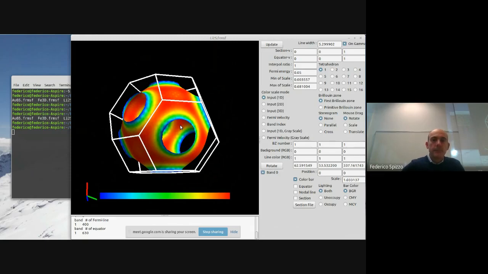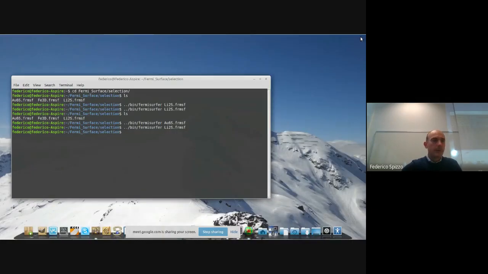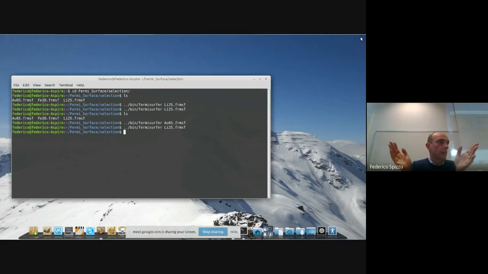And just to let you see something that I would never be able to obtain analytically here or with the drawing, is a situation where we have a large number of electrons. For instance, consider transition metals, which are in the central part of the periodic table.